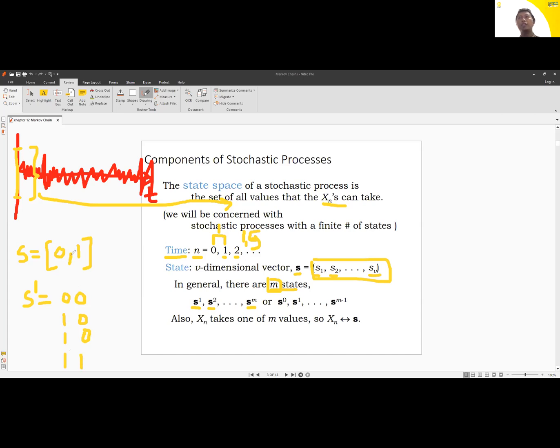So in this case, given a two-dimensional vector, d equal to 2, so it's two-dimensional, and then we will have 4 possible states, right? So xn takes one of m values. So xn is a member of the state space S.